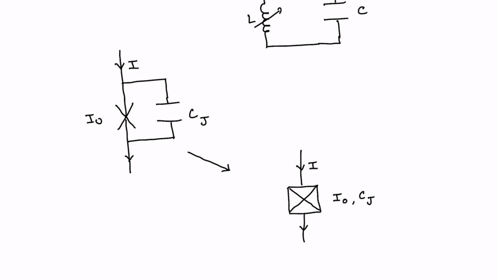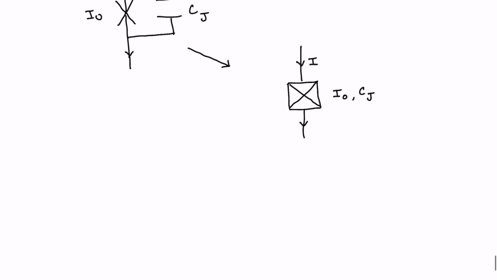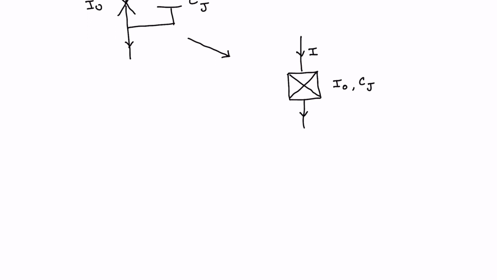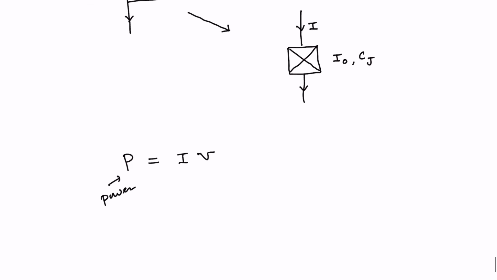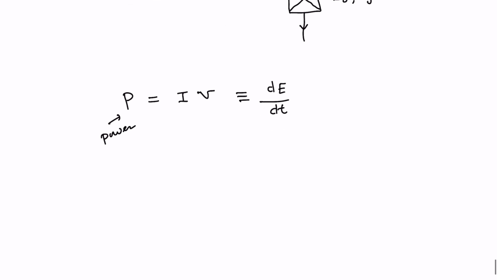Now, what about the energy stored in a Josephson junction? It's very easy to estimate, because you know that the power is given by current times voltage, right? So here P is the power, you know it from elementary physics, and the time rate of change of energy is called power. So therefore, if we integrate this power with respect to time, say from 0 to t, we have the integral of I of t dash times V of t dash dt dash.